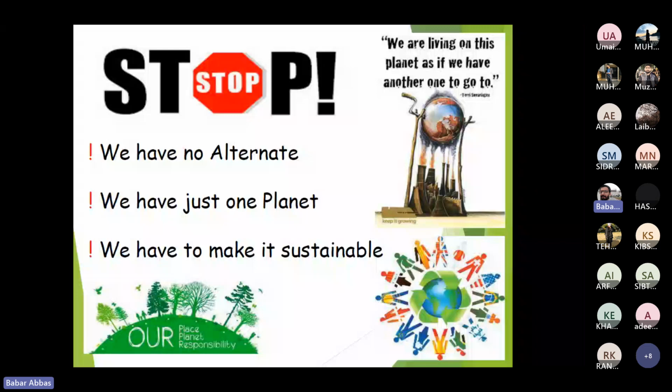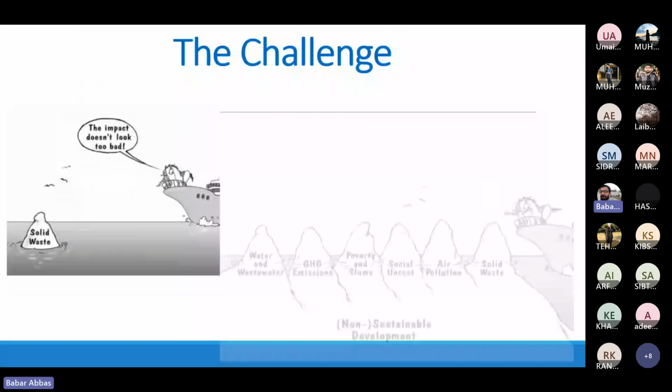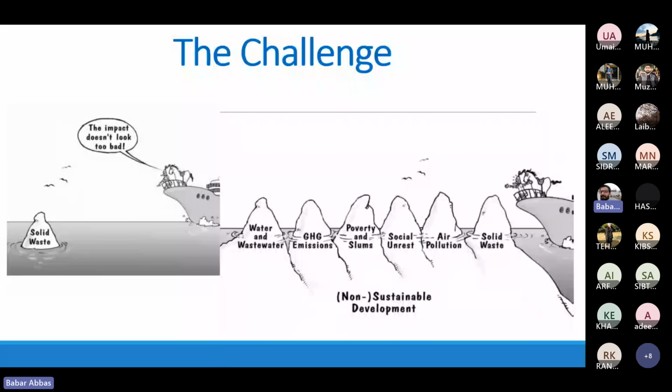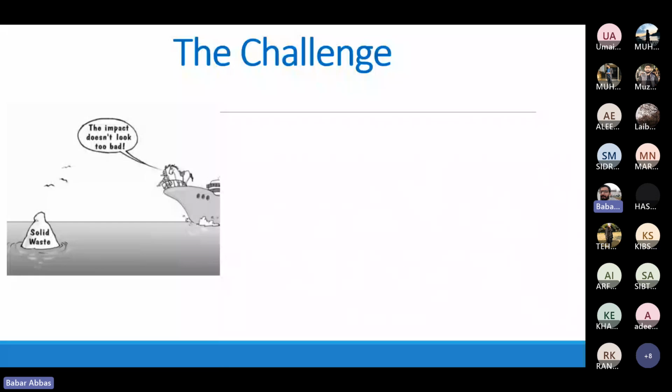Having said that, we have only one planet. We have to make it sustainable. And then the challenge is obviously that, as with another representation of the iceberg, we see solid waste only, the heap of solid waste, but we don't think about the impact that can be posed by this solid waste.